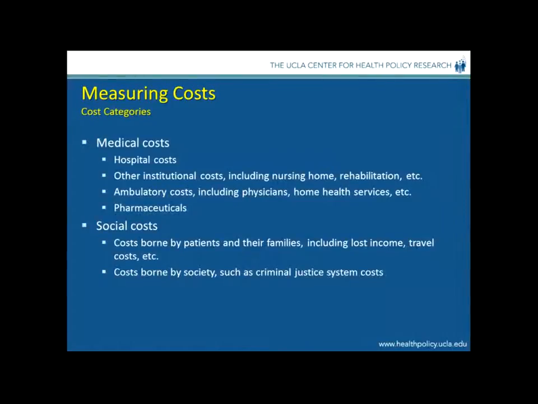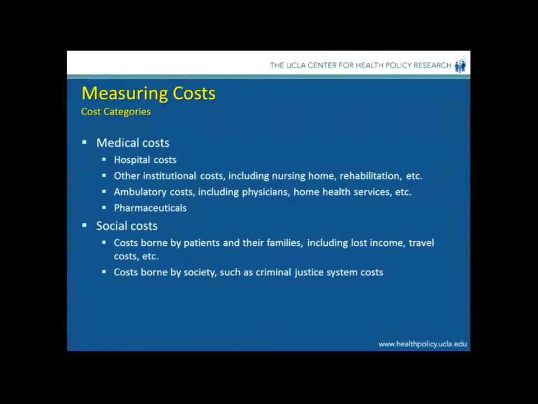Well, obviously, in a cost effectiveness analysis, the way that you collect cost data is crucial. And just to give you an idea, where does the information come from? Because we're talking about health interventions, you're typically interested in medical costs: hospital costs, other institutional costs, costs in the outpatient setting, and pharmaceuticals.